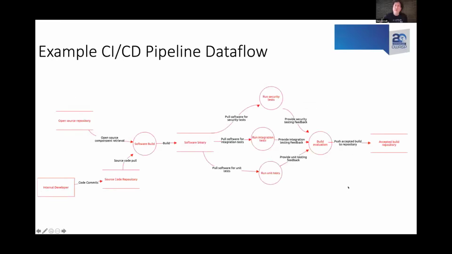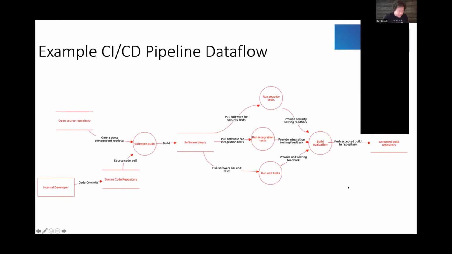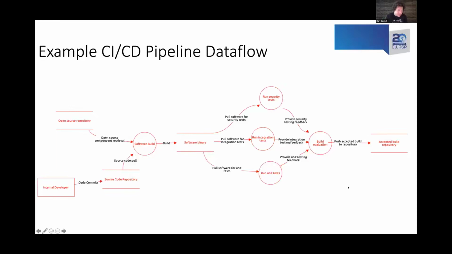If you look at an example CI/CD pipeline data flow, every product and every application is going to be different, but this is kind of the idea. You've got your developer committing code to a repository, you're pulling open source components, you build that into a binary, and that binary gets run through a variety of different tests, and you make some sort of evaluation.